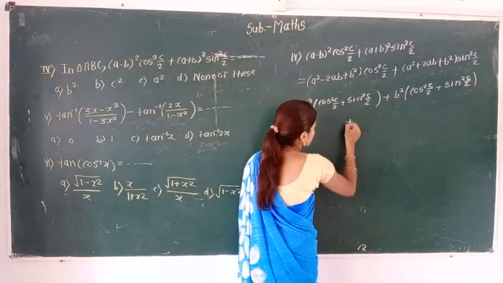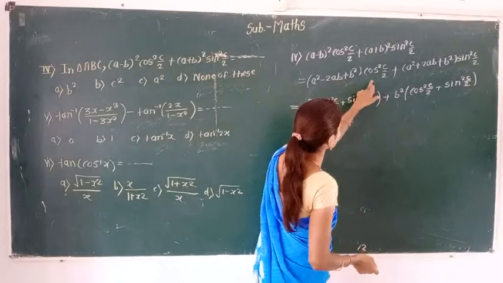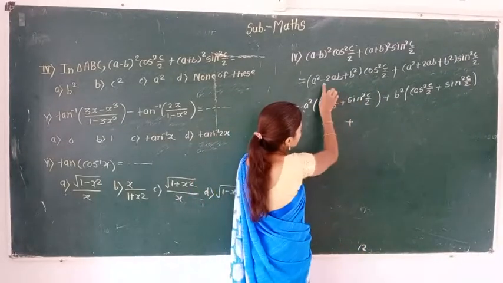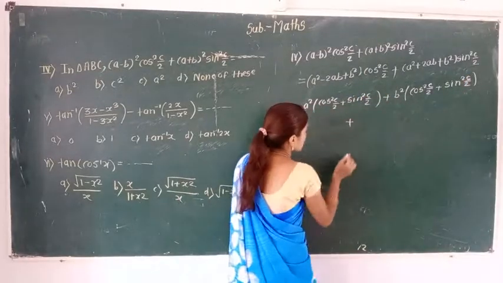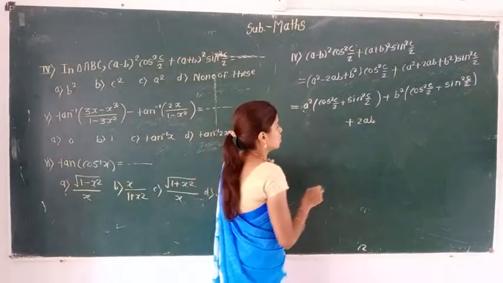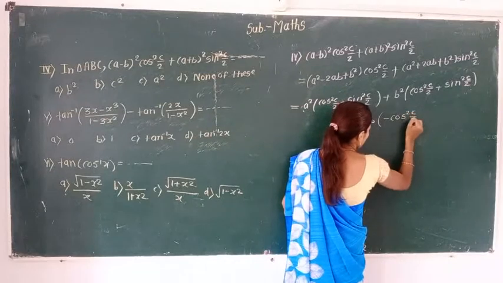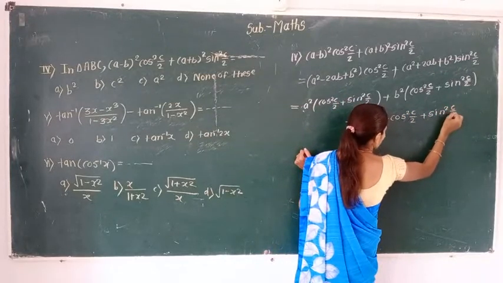Now plus the cross multiplication of these two terms: minus 2ab cos square C by 2 and 2ab sin square C by 2. So take the common factor 2ab. In the bracket we can write minus cos square C by 2 plus sin square C by 2.